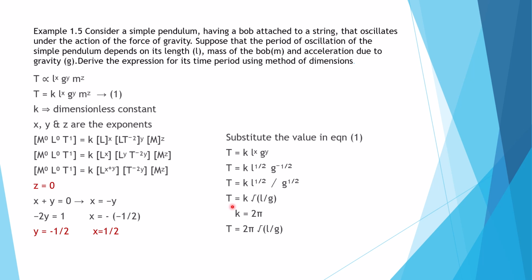So T is equal to k, with the power 1 by 2 written as under root. So T is equal to k under root L divided by g. The value of the constant k is 2 pi. Then we get the equation T is equal to 2 pi under root L divided by g. So this is the time period of a simple pendulum equation.